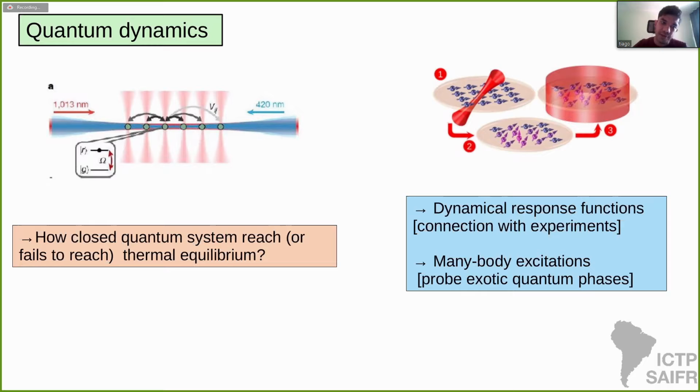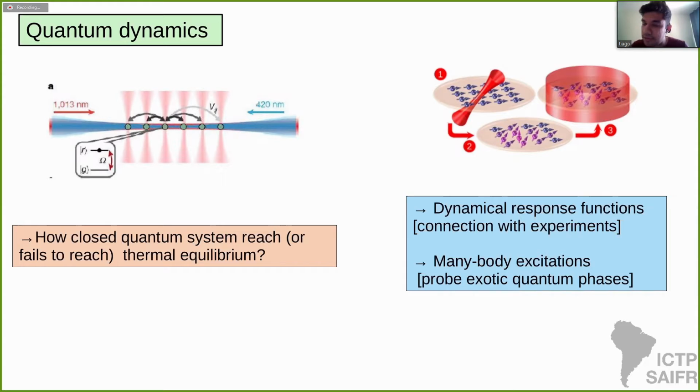And more specifically, what are the physical problems that I'm interested in? One of the problems is motivated by synthetic quantum systems, which can be used to study coherent dynamics. You prepare a system in a certain state and then let this state evolve. There are some fundamental questions we can raise, like how a closed quantum system reaches or fails to reach thermal equilibrium.